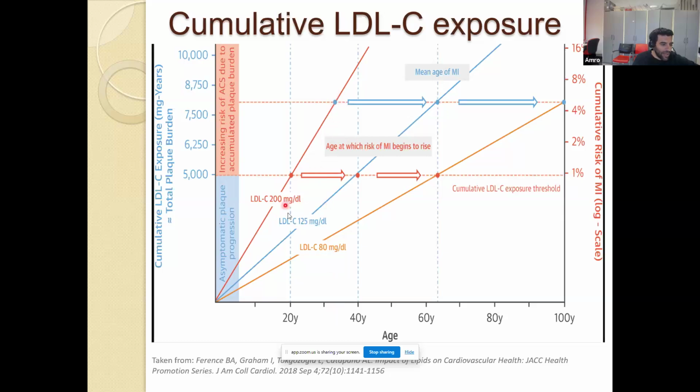disaster. If you're lucky enough to have very low cholesterol, such as I think the Inuit population of Alaska, 80 milligrams per deciliter, which is around 2 millimoles per liter, you can see you've offset that risk. So by the time you hit your cumulative exposure of 5,000 milligrams per deciliter, you're already at 60, 65, such that you will die of something else other than atherosclerotic cardiovascular disease.